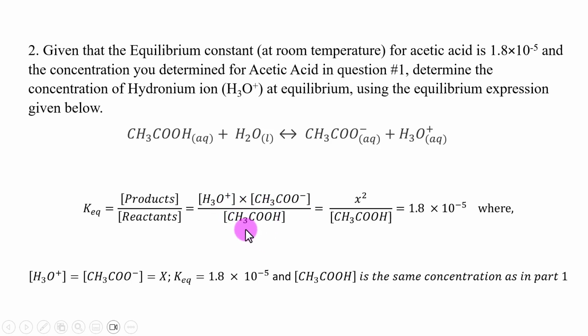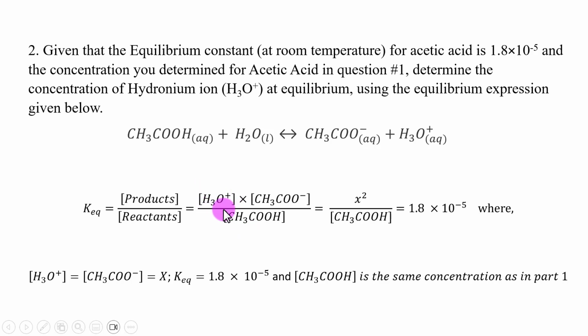The same idea here from the acid, right? H3O+ and CH3COO minus come from the original acid. And since they both come from the splitting of this acid, both of those concentrations are going to be equal to each other. Everything is a 1-to-1 ratio.